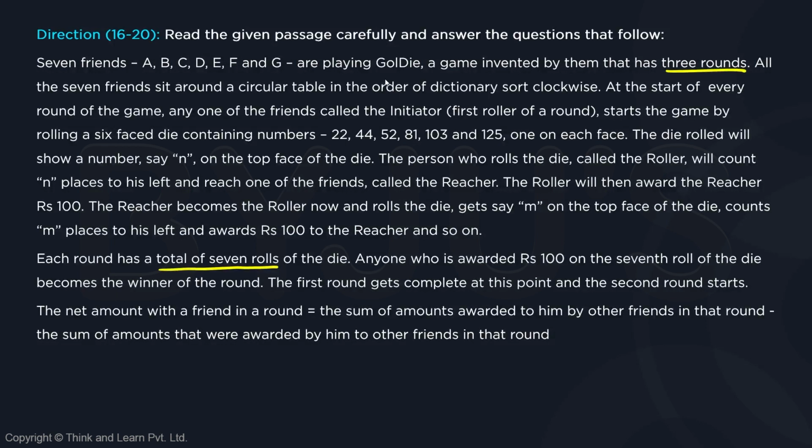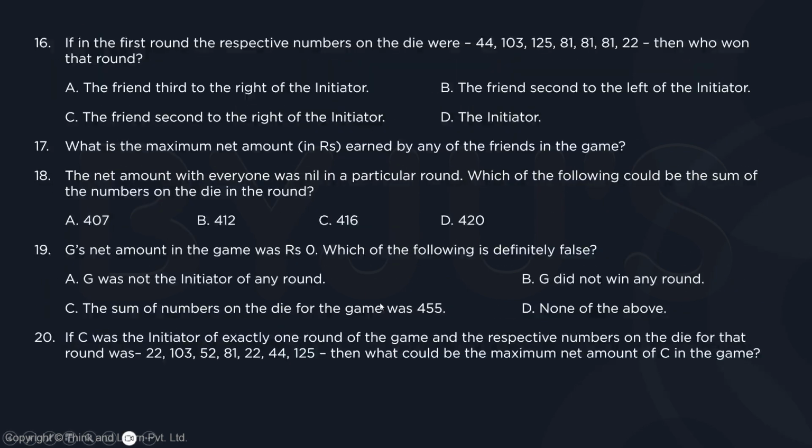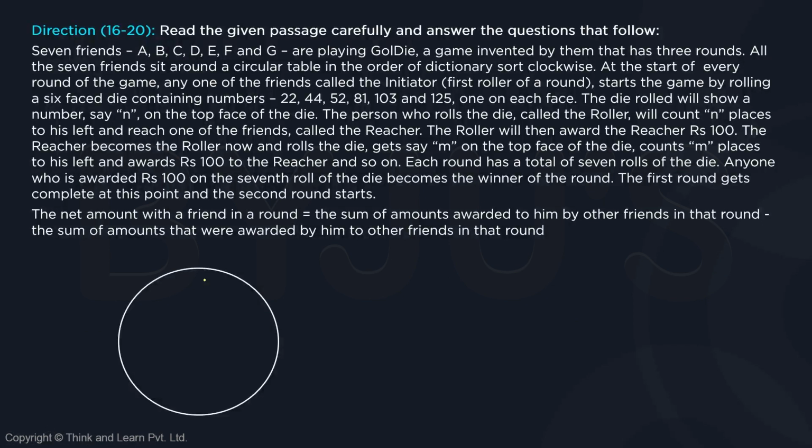So let's draw such a scenario and let's understand what is happening here. Okay, so let's say these are the 7 people who are seated around them. So 1, 2, 3, 4, 5, 6, and then 7.